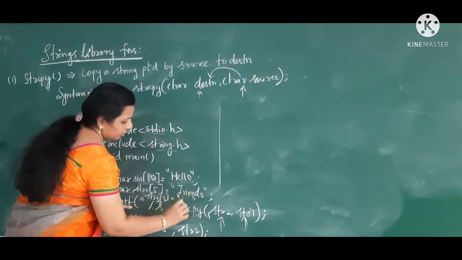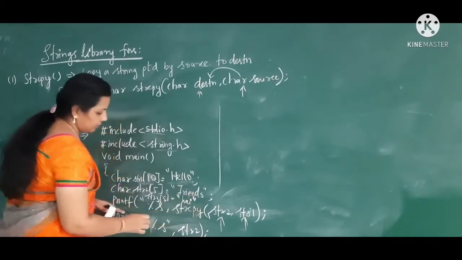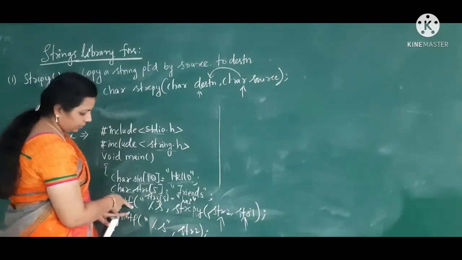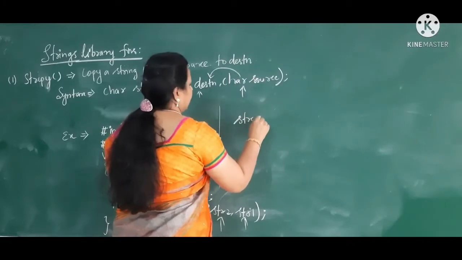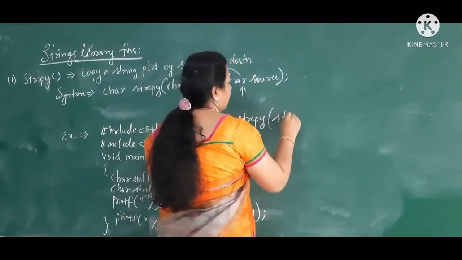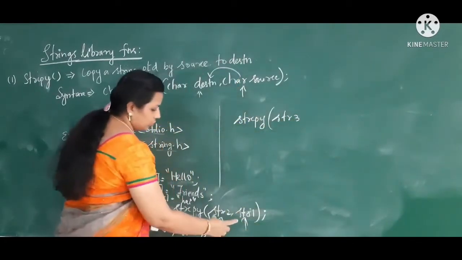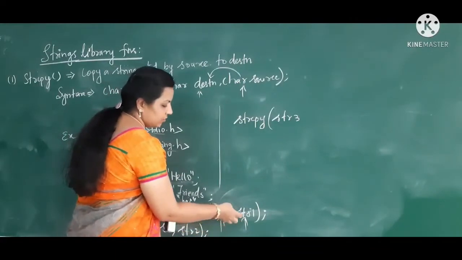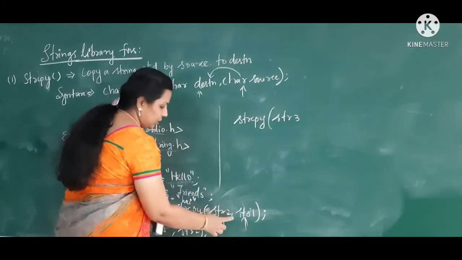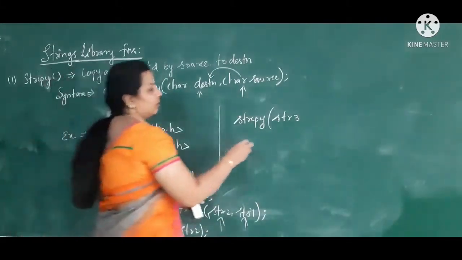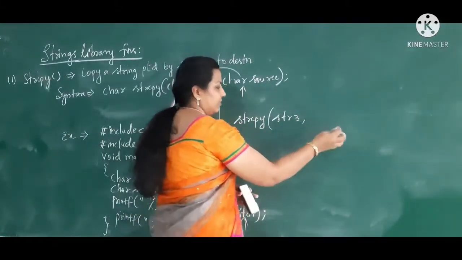I am defining a string of size 5. How can I use string copy with the chain reaction? I can copy from the source to the destination, that is string 1 to string 2, and this is then copied into the third string. So I can go for this chain reaction step.